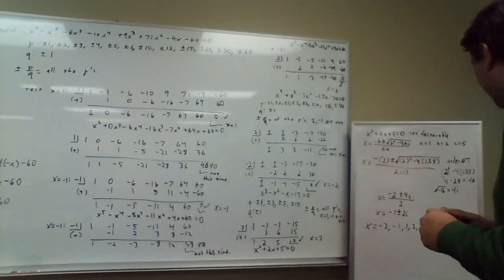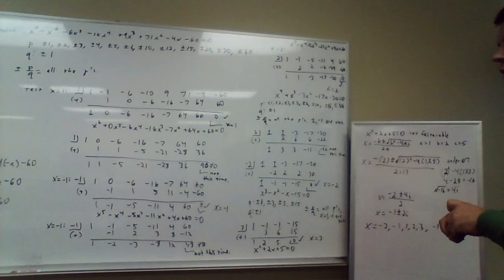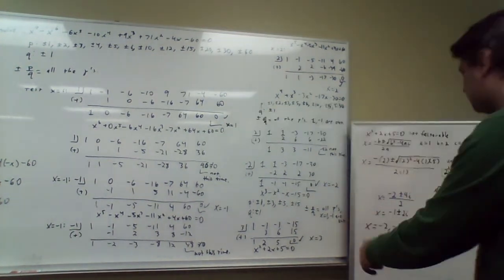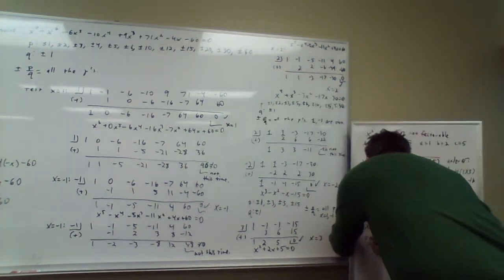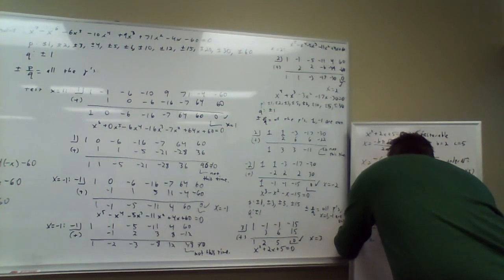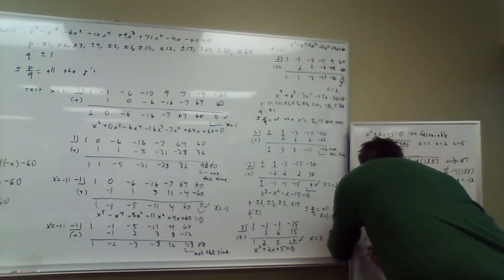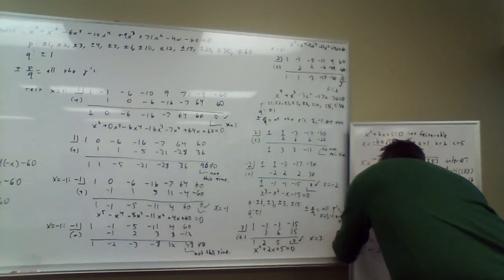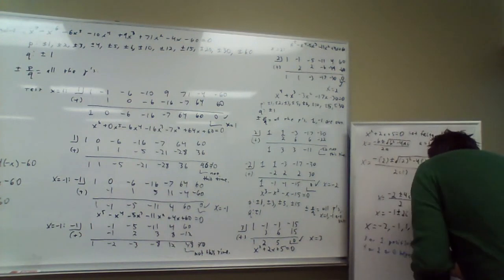Anyway, Descartes' rule of signs said that we had originally a potential for 3 or 1 positive real roots. We also had 4 or 2 or 0 negative real roots.